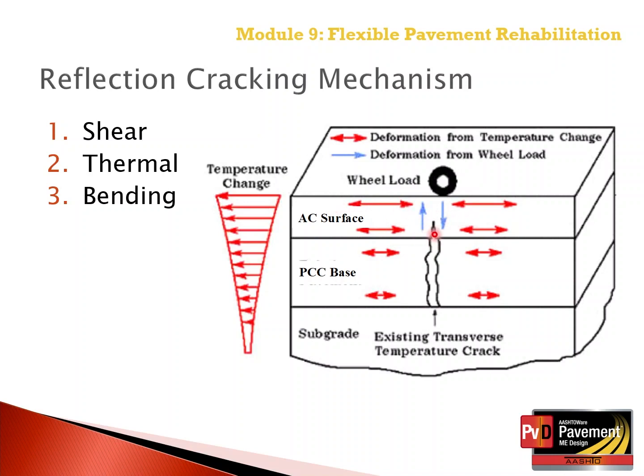The thermal part is thermal cycling that increases the tensile stress above that joint or crack, and the bending component is the increase in flexural bending when the wheel load is located directly over the joint or crack in the existing pavement, regardless of whether it is a chemically stabilized layer, a concrete pavement, or a flexible or asphalt pavement.